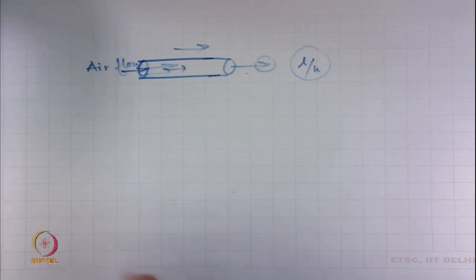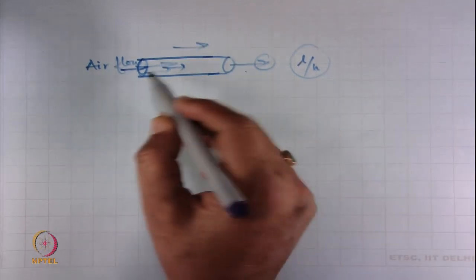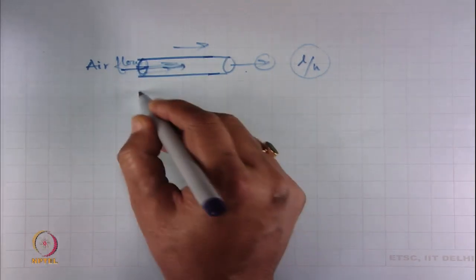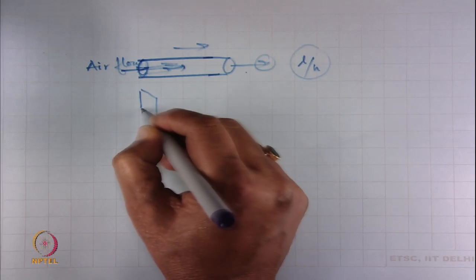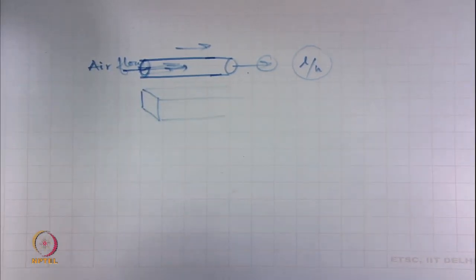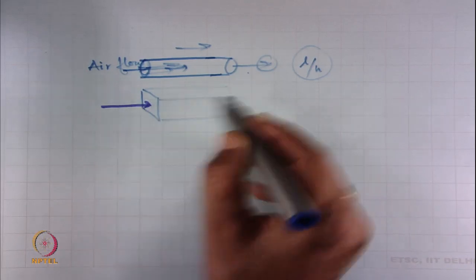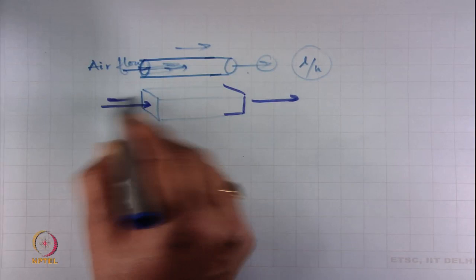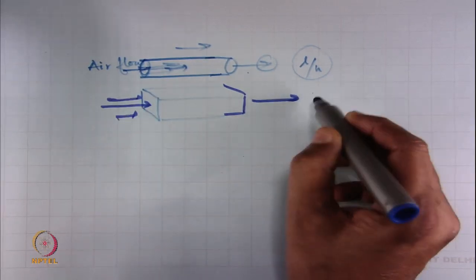Here we can guide the air through this pipe or through any channel. In any form we can guide the air or any fluid. In the case of liquid also, we know this channel and we can measure the flow rate.